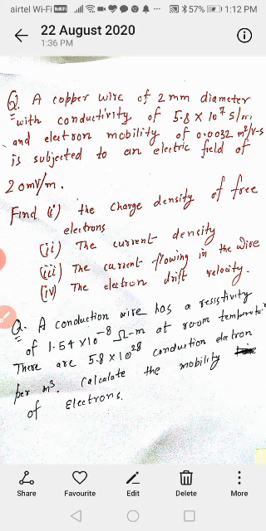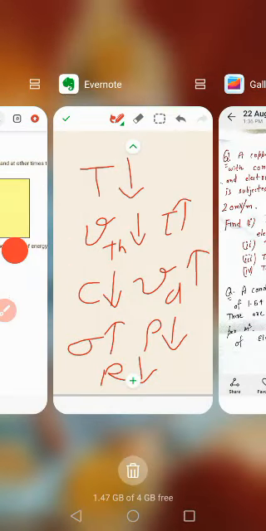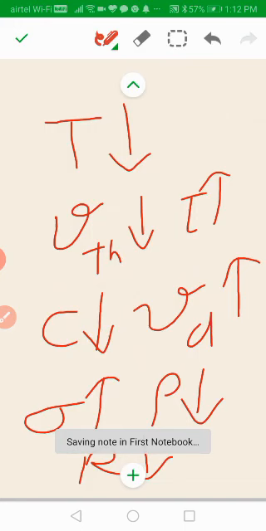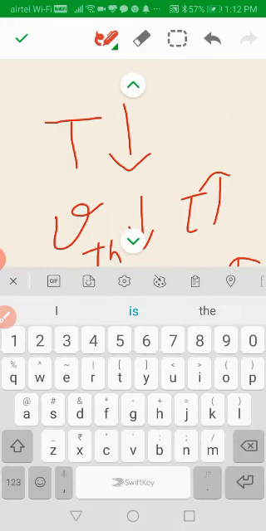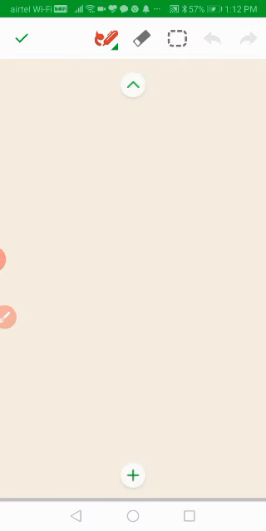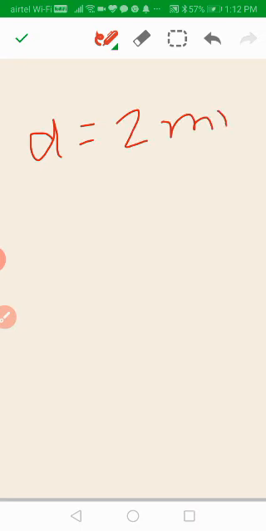A copper wire of 2 mm diameter. So the diameter is 2 mm. I won't do the calculations, I will give you just the formula. You will do all the calculations by yourself.